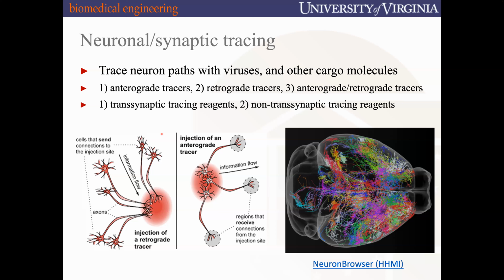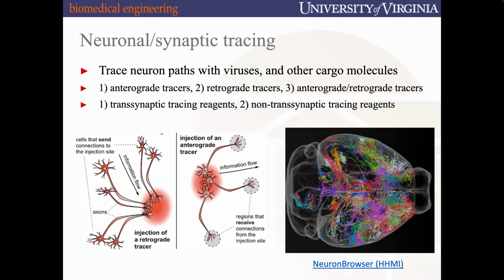So these are reagents that will jump over synapses. So they'll go from one neuron to the next neuron it's connected to, the next neuron after that, the next neuron after that. You can see an entire circuit of neuron signaling, or in this example, this would be a non-transsynaptic tracing region. So this would just go from the end of one cell to the other end of that cell.